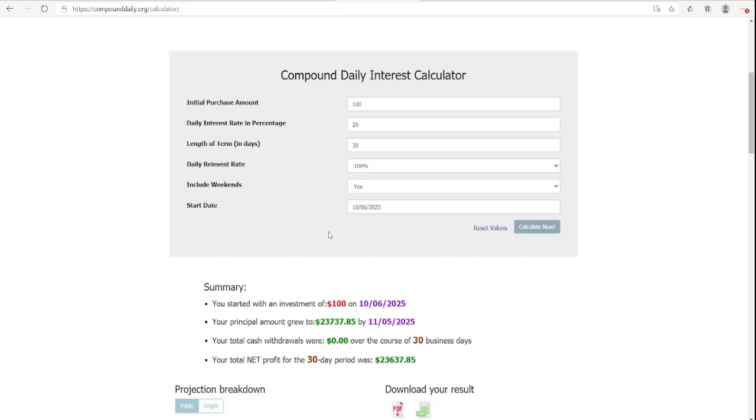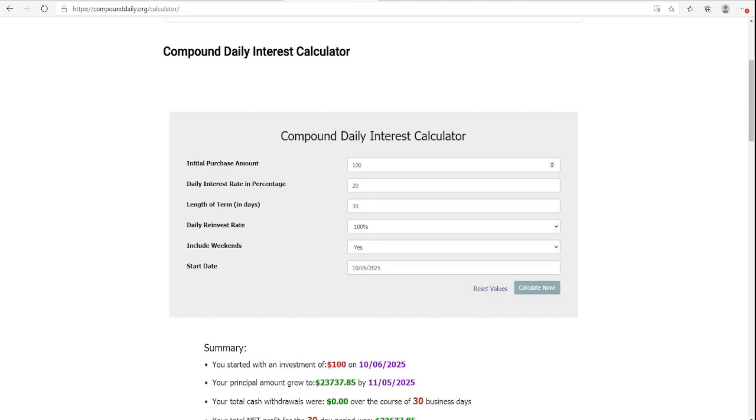All right, guys, I'm back. So now let me show you something. Let's say you have $100 capital. You target 20% daily for 30 days, reinvesting 100%, including weekends.